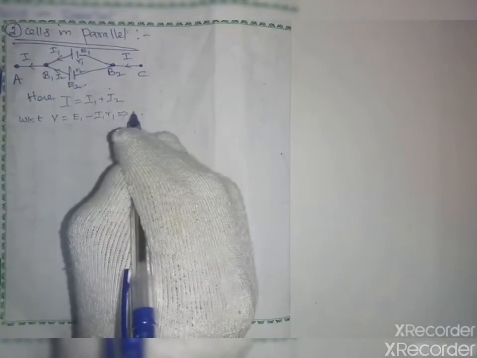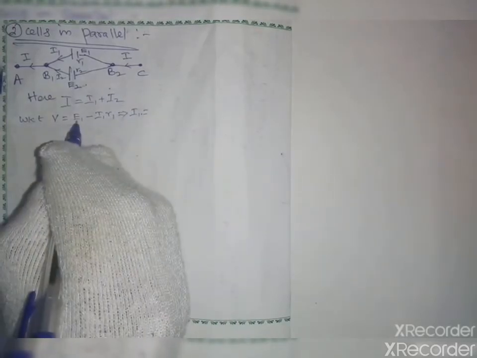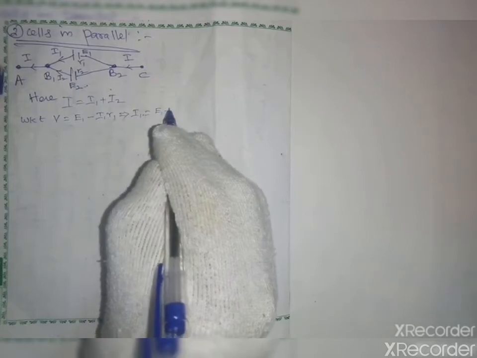We know the formula for the potential difference across E1, that is V equal to E1 minus I1 R1. So from here, taking the left side, I1 equal to E1 minus V divided by R1.